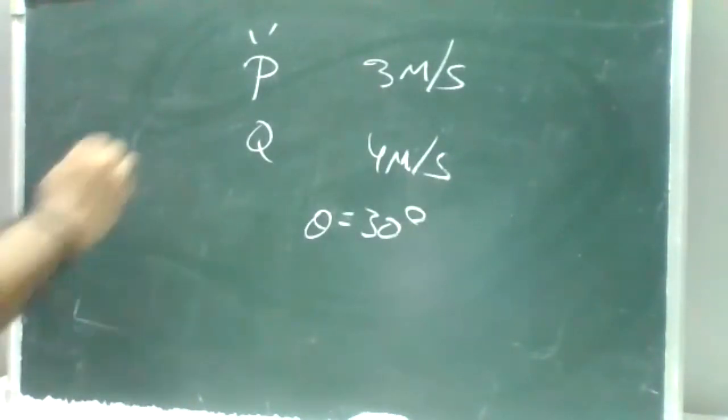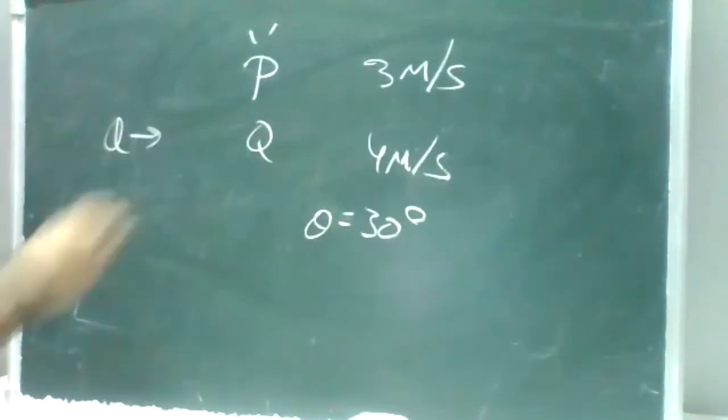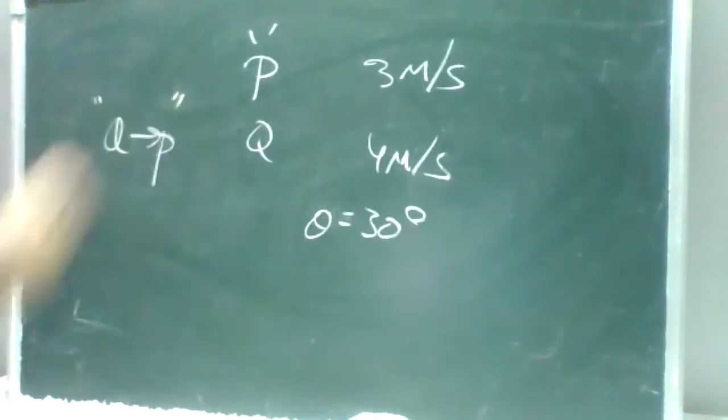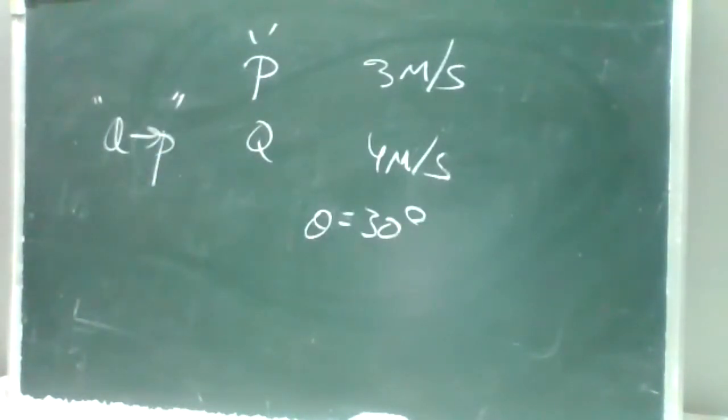Find the speed of Q with respect to P. Q relative to P. So we are going to find the relative velocity between Q and P.